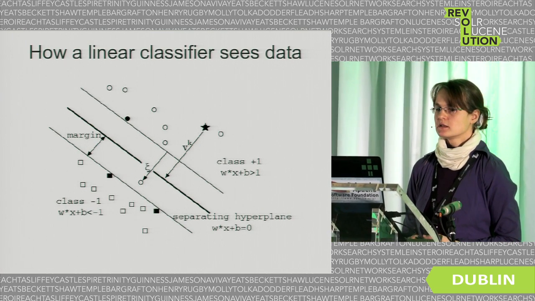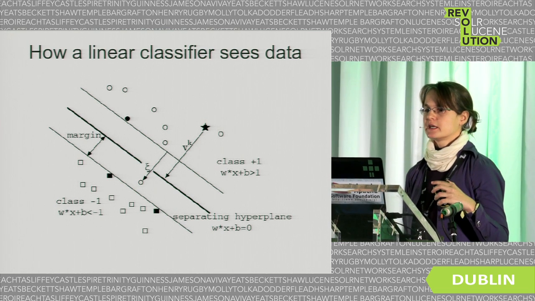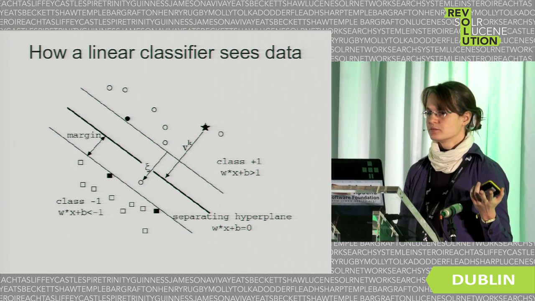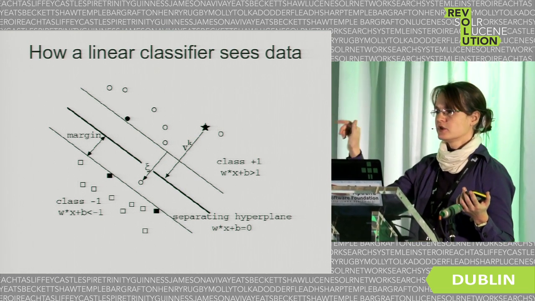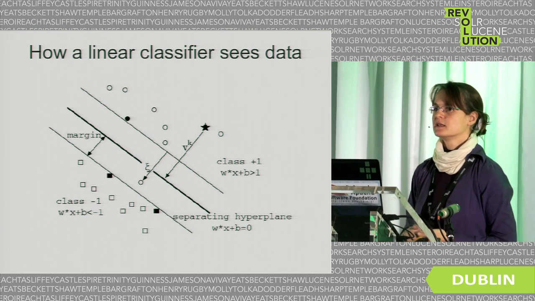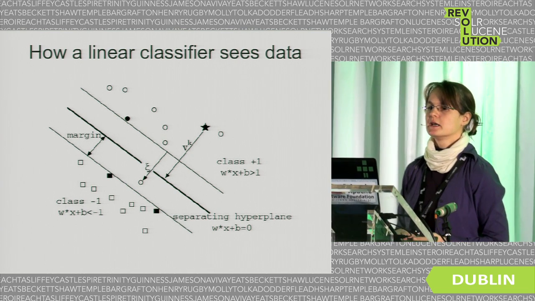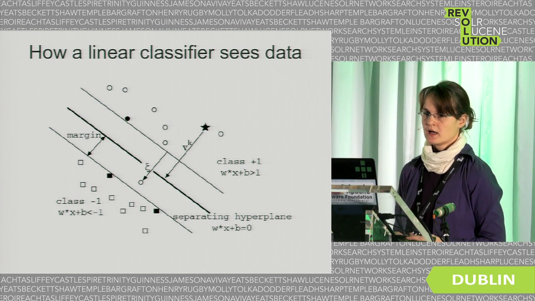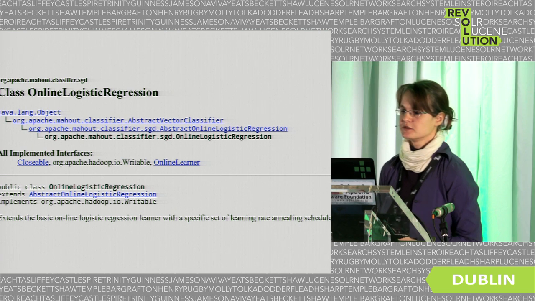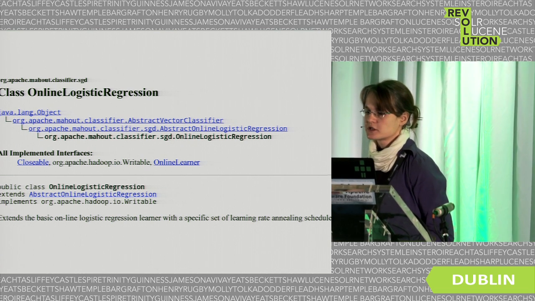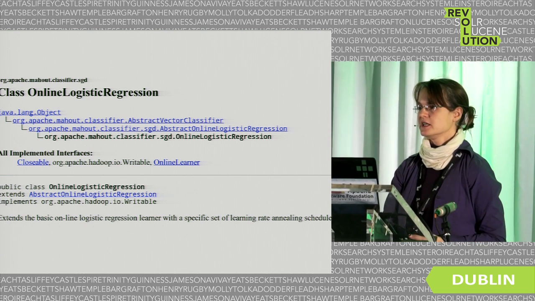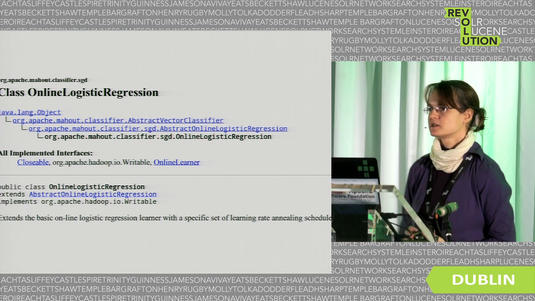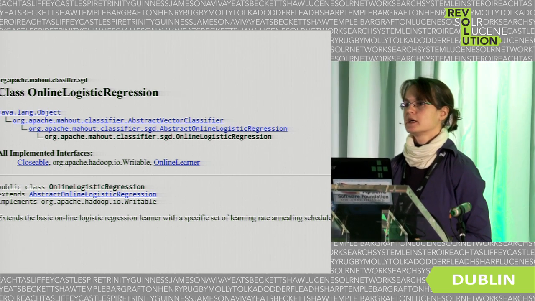So in the end, your classifier will simply see dots in vector space and will try to find a linear separation. And again, you can use, for instance, a class called online logistic regression and just feed the just generated vectors into it. You don't even have to write them on disk.